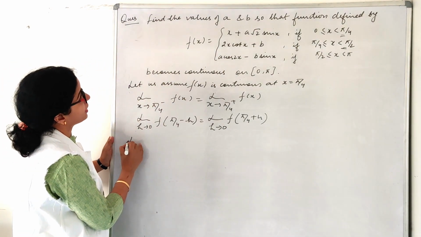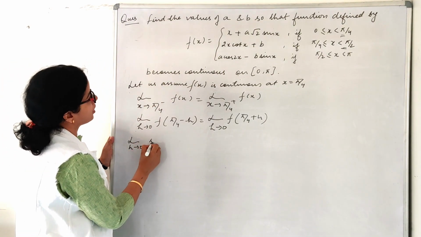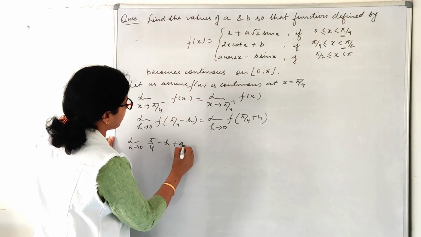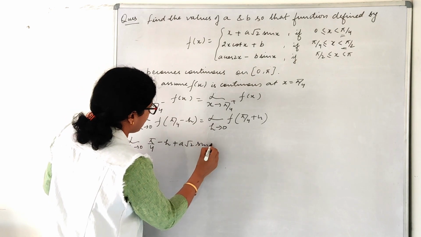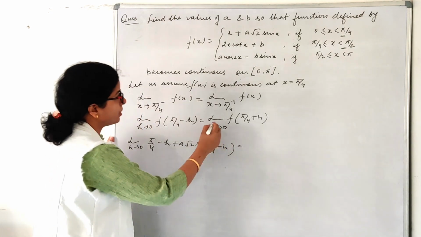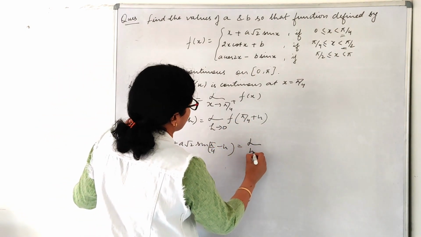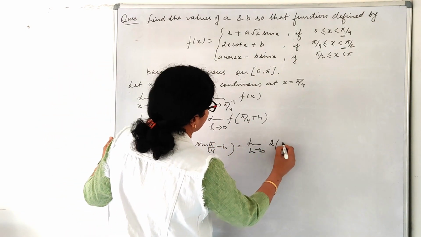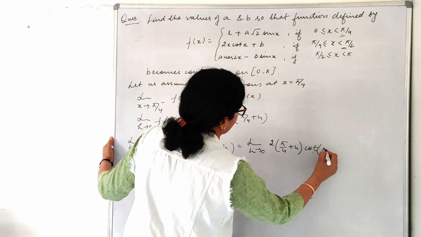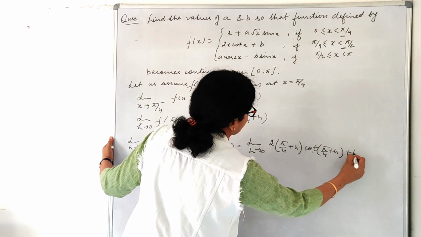You are getting here limit h tends to 0, pi by 4 minus h plus a root 2 sine of (pi by 4 minus h) equals, substituting the value here, limit h tends to 0 of 2 (pi by 4 plus h) cot (pi by 4 plus h) plus b.